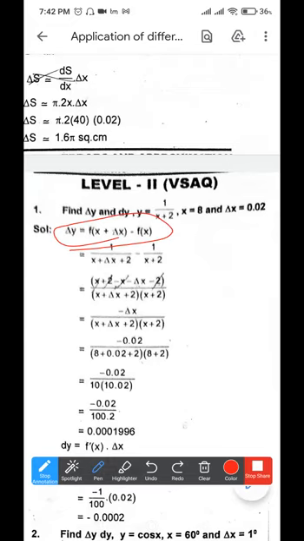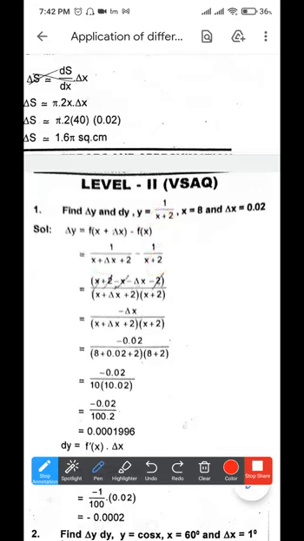Now f of x plus delta x is equal to 1 by, instead of x, we substitute x plus delta x, minus f of x. F of x will be the same, 1 by x plus 2.